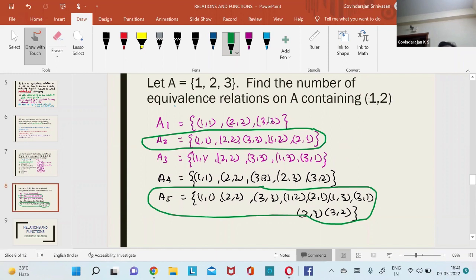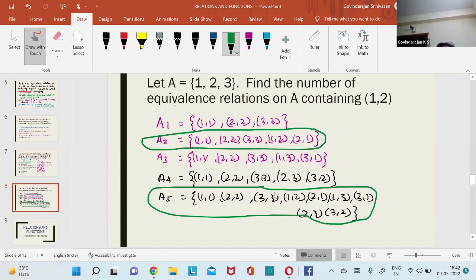They may also ask what is the smallest equivalence relation from the set A. That is the first one. And how many equivalence relations contain the element (2,3)? That is also 2. And how many contain the element (1,3)?